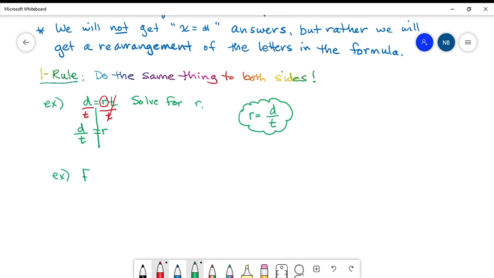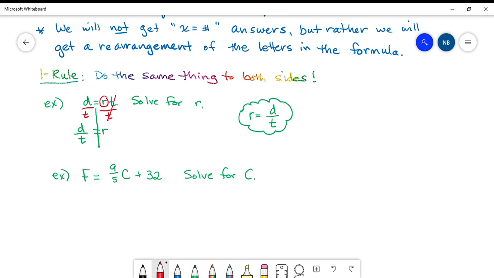This formula relates Fahrenheit temperature to Celsius temperature. Fahrenheit equals 9/5 times Celsius plus 32. And we're going to solve this for C. So currently the formula will take as input a Celsius measured temperature and turn it into a Fahrenheit measured temperature.